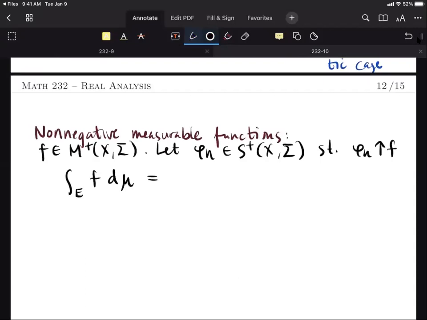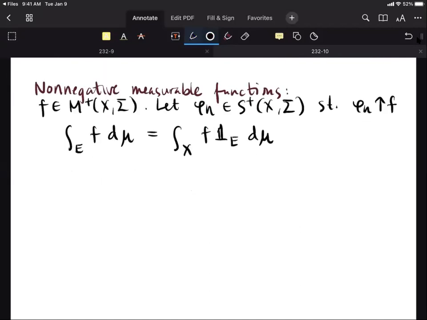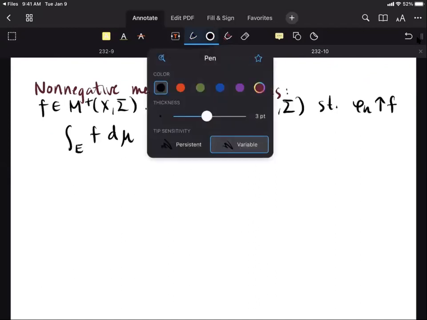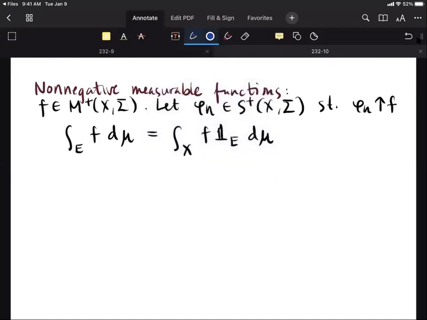Again, we apply the definition of the integral over a set E. Since the indicator function is non-negative, we have the following.